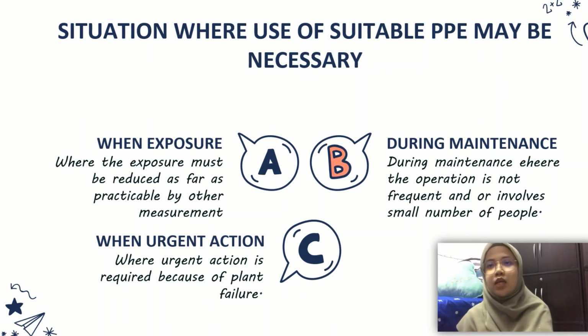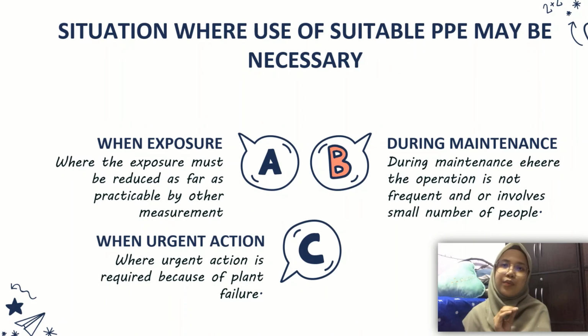Next, during maintenance, where the operation is not frequent or involves a small number of people. Lastly, where urgent action is required because of plant failure. That's all about PPE.